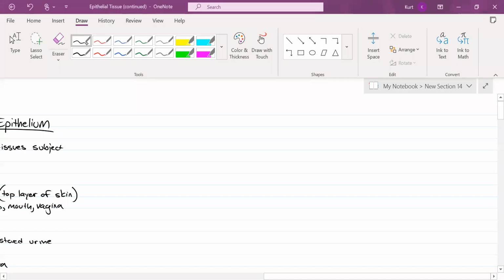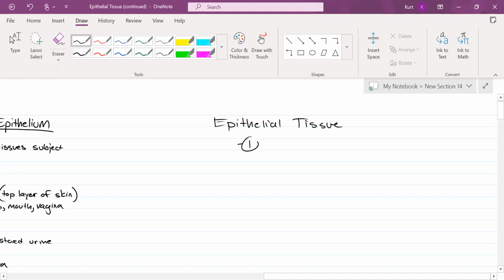All right, so we're picking up where we left off with the last lesson. The last lesson, we went over some of the basic functions or purposes of epithelial tissue. And we also went over the following types.